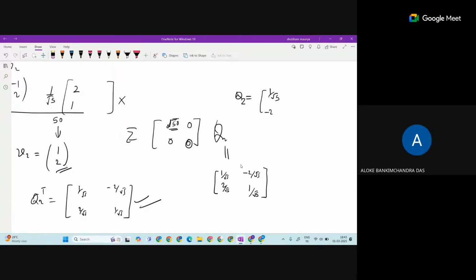This is Q2, and if you transpose it, minus 2 by root 5 will go down, and Q2 transpose will be, finally, this sign will change: 1 by root 5, minus 2 by root 5, and 2 by root 5, 1 by root 5. Yes.